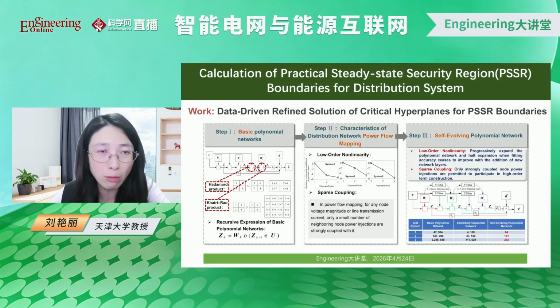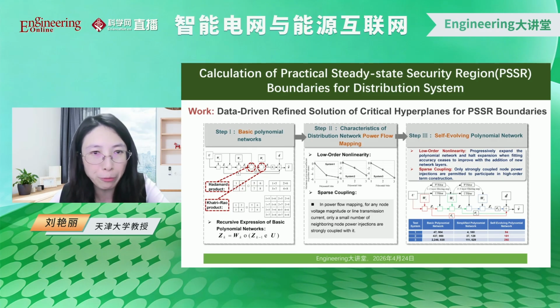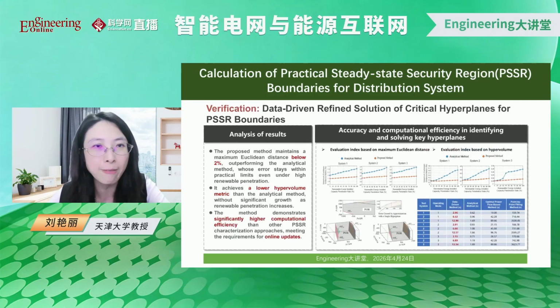This is also the key step. We establish the basic network, and then we get the characteristic of distribution network power flow mapping, and then we can use a self-evolving polynomial network to help us adapt to the new network and obtain the boundary very efficiently.